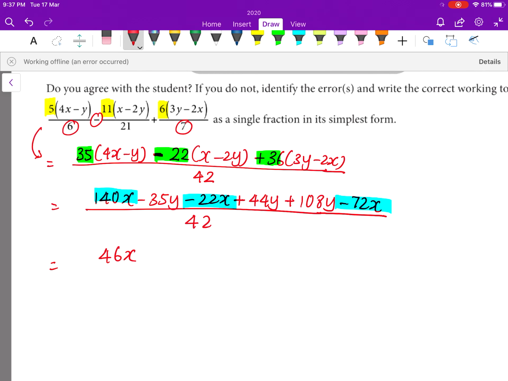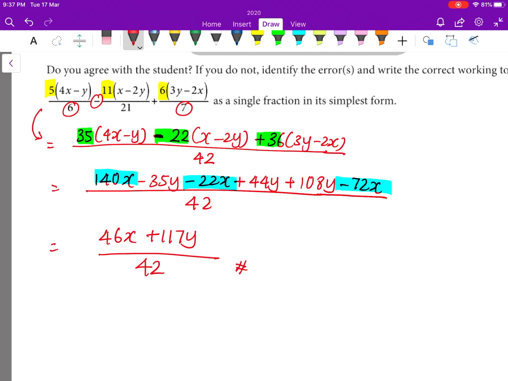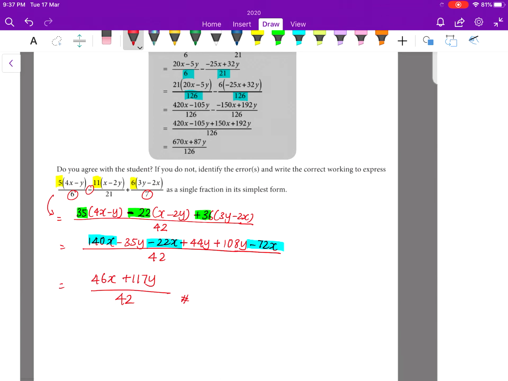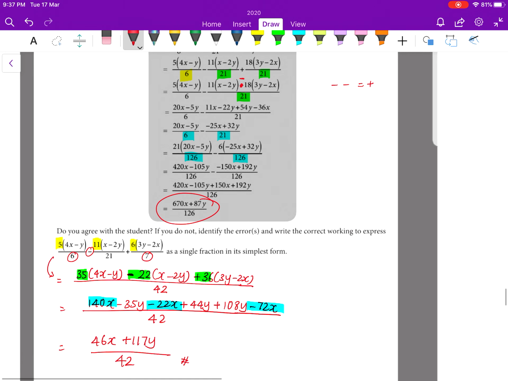Negative 35y plus 44y plus 108y. 117. Positive 117y. And this is correct. 46, 117, 42. Nothing in common, no common factor. This will be the final answer. Look at the difference between this answer and their answer. Okay, so one small mistake at the start, one small mistake can result in a totally different answer.